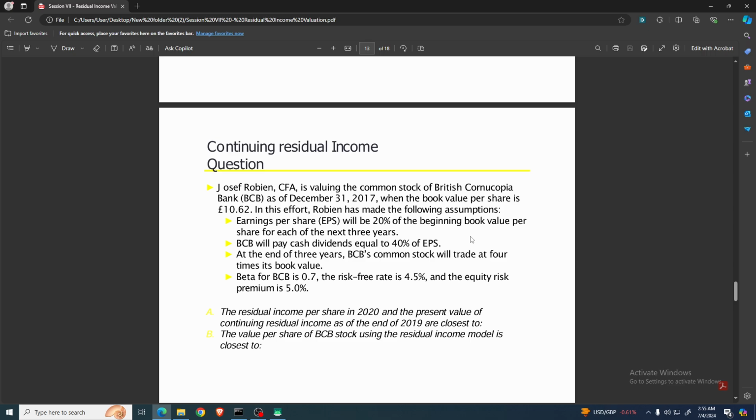For example, I will actually showcase how to calculate the residual income for year one, so you can have an idea on this. Here we start off with calculating the rate of return using CAPM.